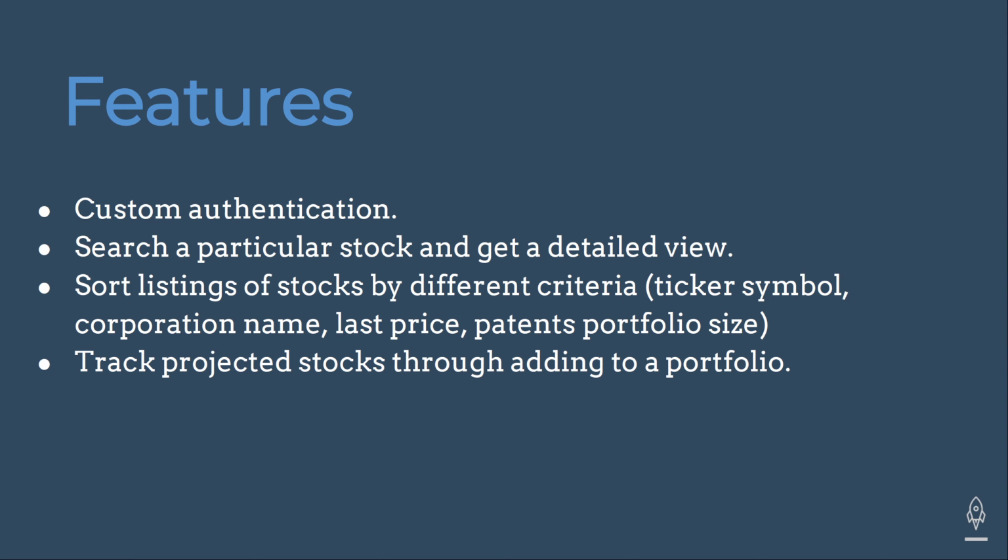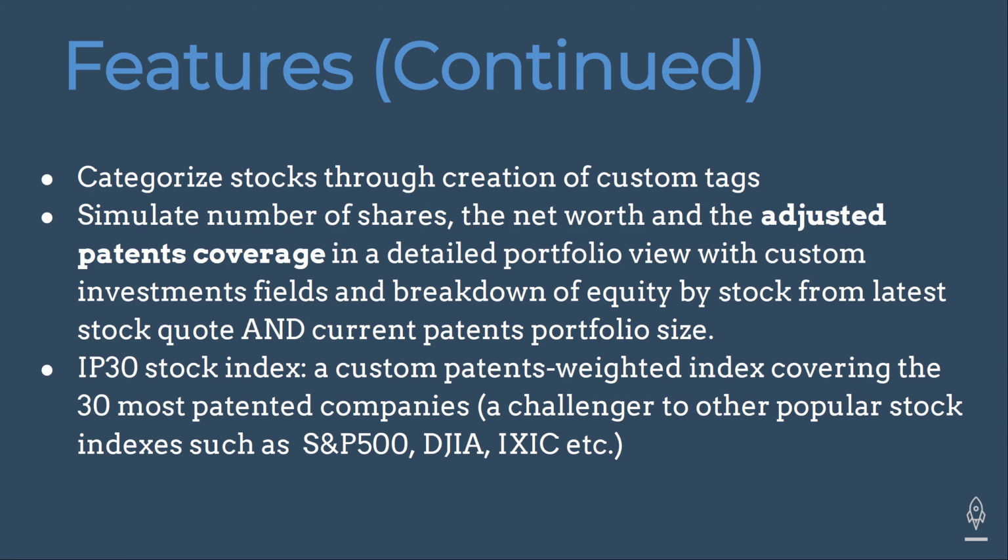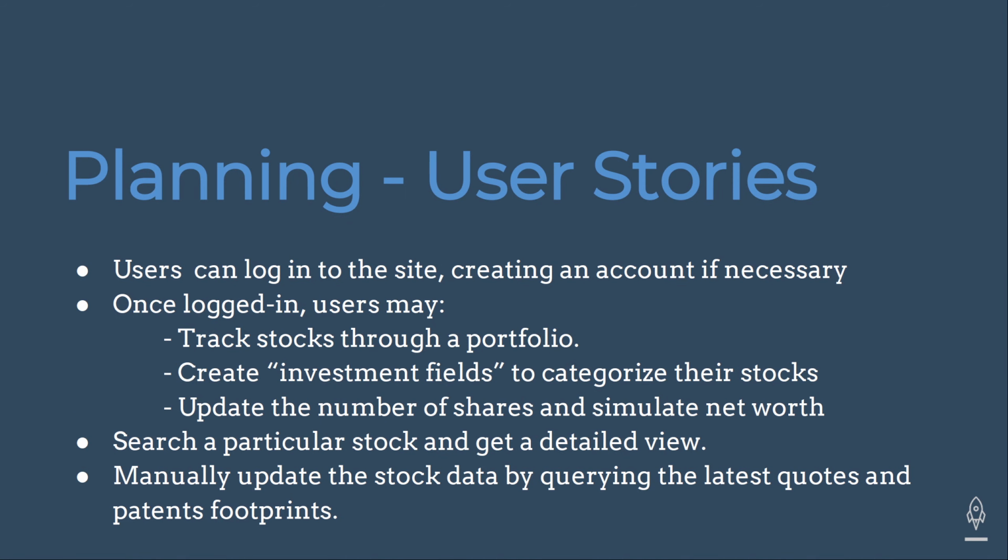It's also possible to track selected stocks in a specific portfolio, categorize stocks through the creation of custom tags, and simulate the number of shares, the net worth, and the adjusted patent coverage in a detailed portfolio view. And finally, I will present the IP30 stock index, which is a custom patent-weighted index covering the 30 most patented companies. And in planning this app, I had to come up with the following.